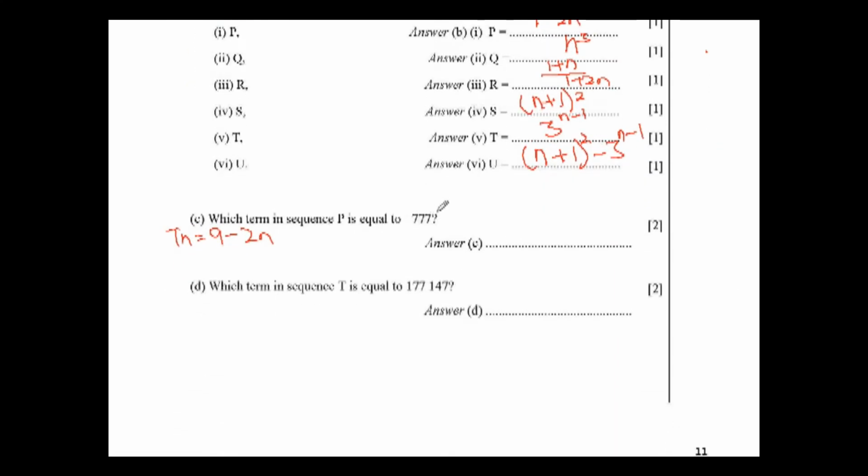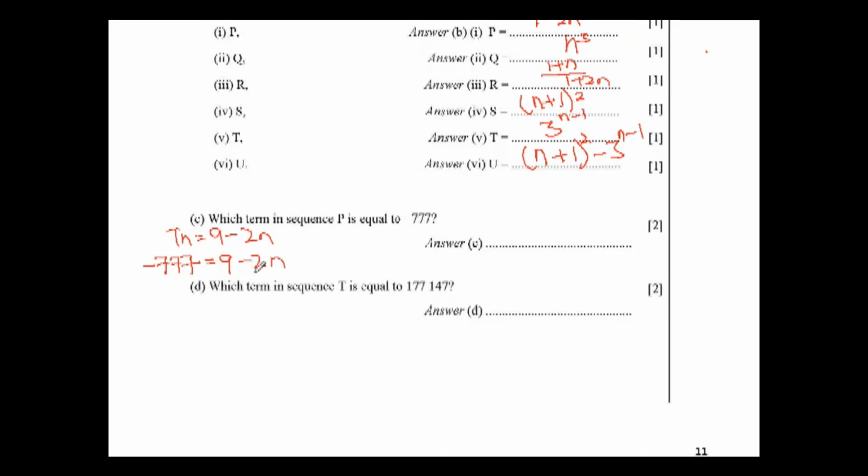In order to find the term with the value of negative 777, we plug in the value here. Negative 777 is equal to the term, and it should be equal to 9 minus 2n.